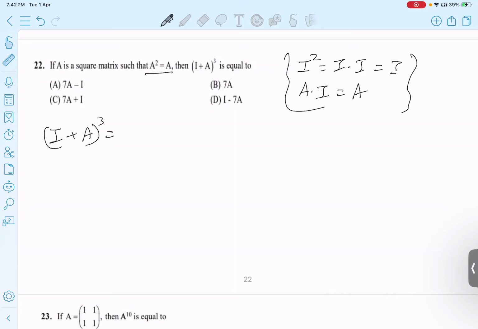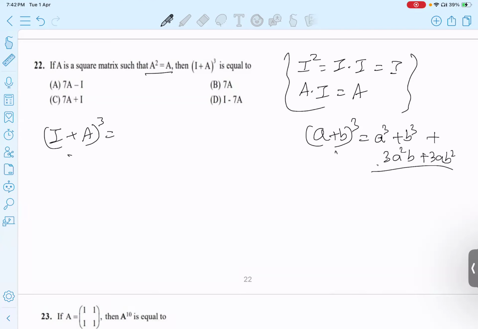We know the expansion of A plus B whole cube, the normal algebraic formula, which is A cube plus B cube plus 3A square B plus 3AB square, that is, 3AB into A plus B. If you simplify, you'll get the same formula, one and the same.